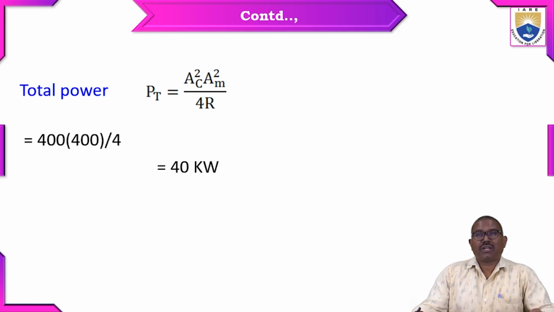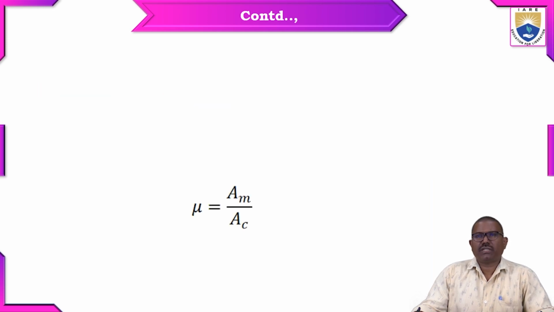The total power Pt is Ac square into Am square by 4R. Ac is 20 volts and Am is the same, so 20 square is 400, and 400 divided by 4 gives a total of 40 kilowatt.